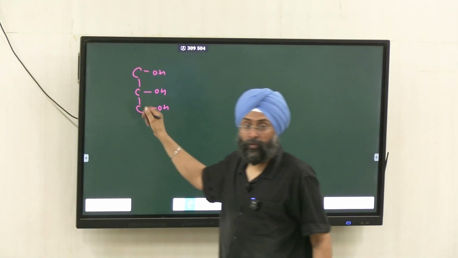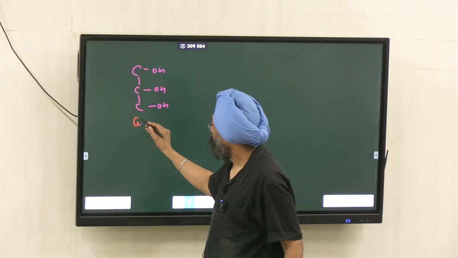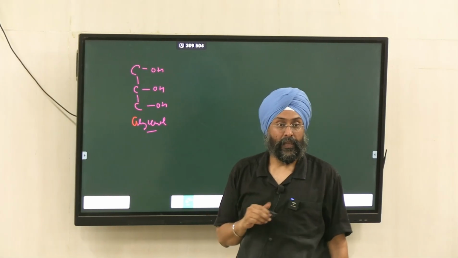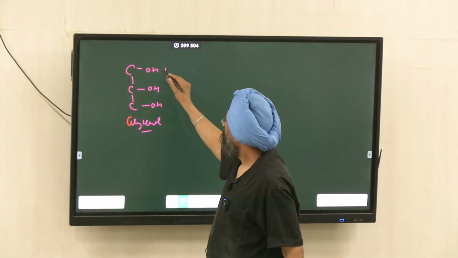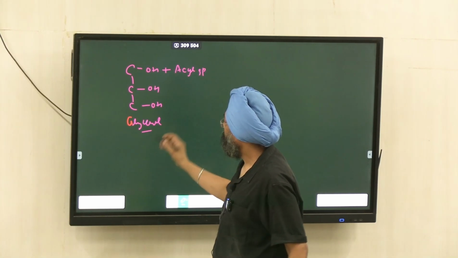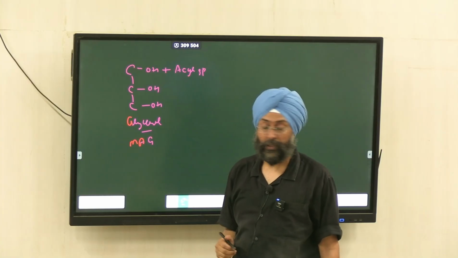I am not completing the valency, you will know, okay? So this is our glycerol. 3 O's are there. When we attach one acyl group, it becomes monoacyl glycerol.